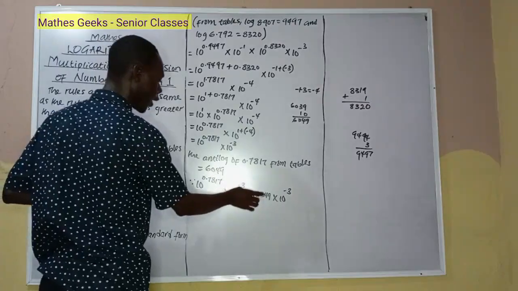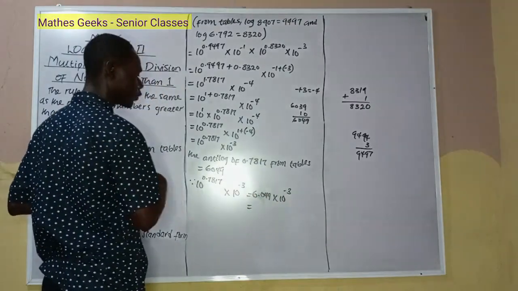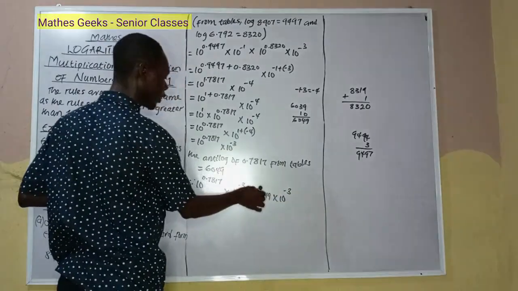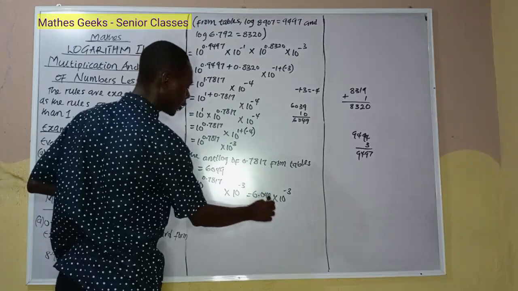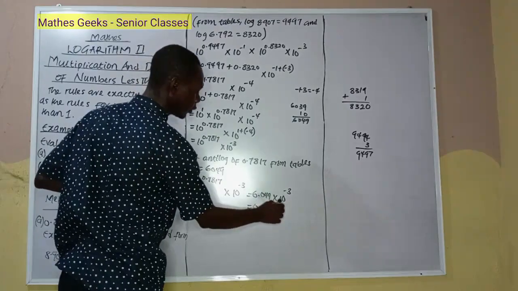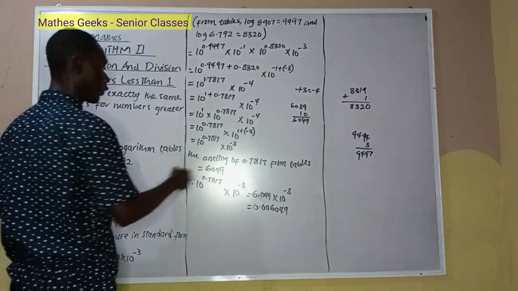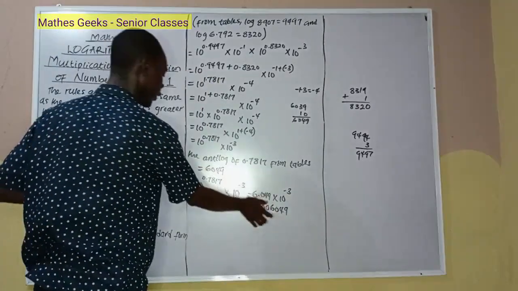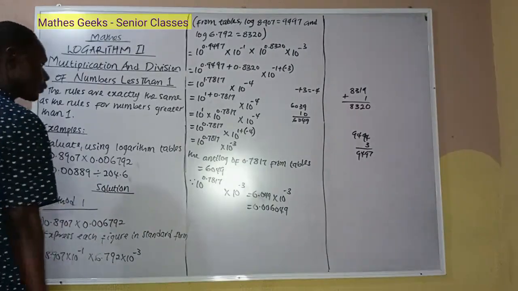So that was why we have 6.049 times 10 raised to minus 3. Minus 3 means we move our decimal point backwards 3 times. This will give us 0.006049, which is our final answer for a.